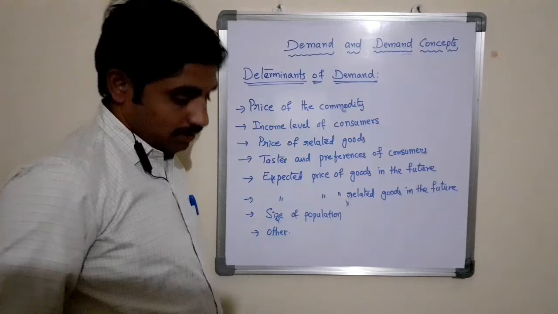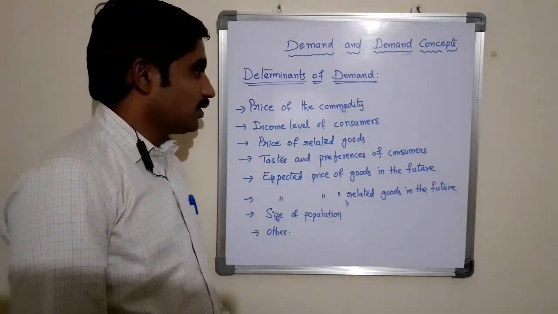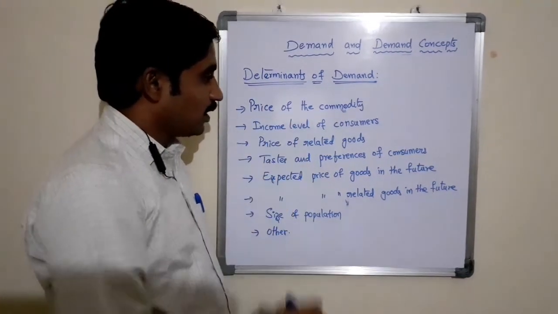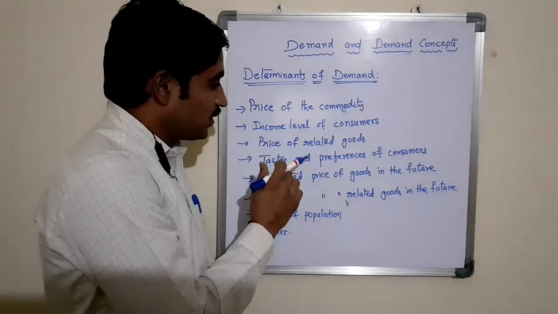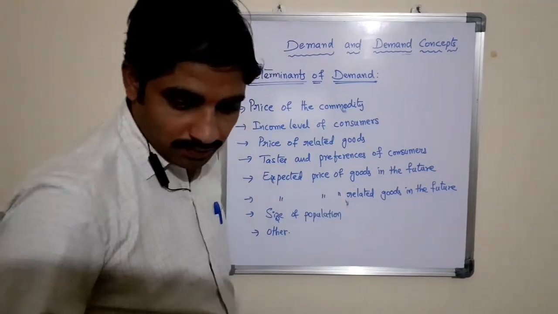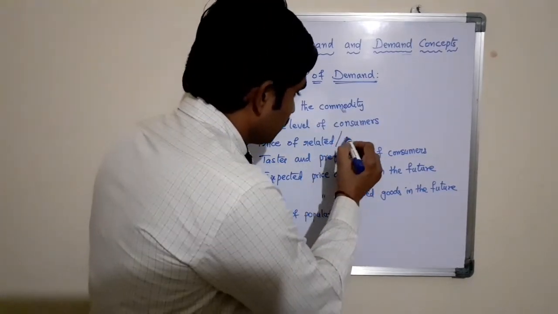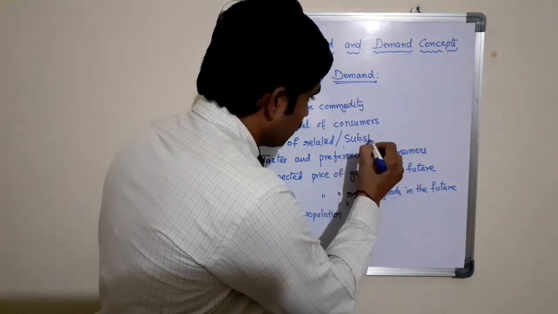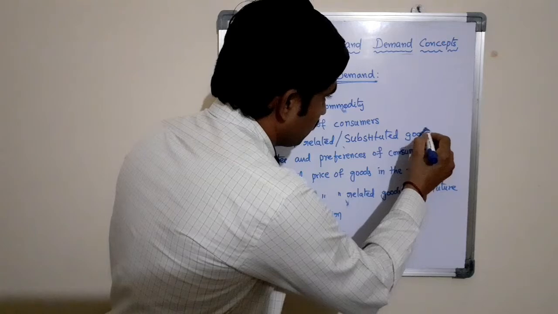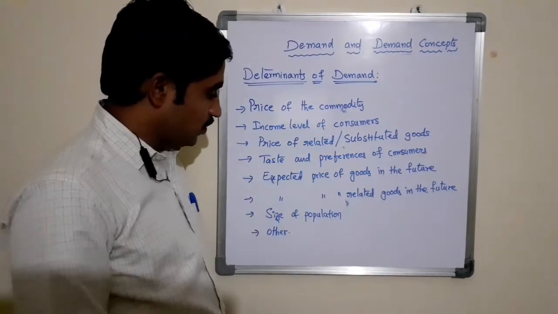Here are the various determinants of the demand: price of the product or commodity, income level of consumers, price of related or substitute goods, taste and preferences of consumers.